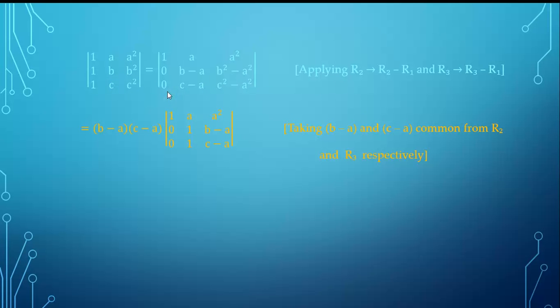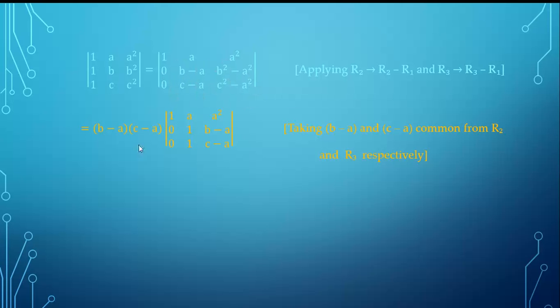After that, you see that here you have in R2 b minus a, and b square minus a square. What is the formula to expand b square minus a square? You know how to expand it. It becomes b minus a times b plus a, and c square minus a square we can write as c minus a times c plus a. So now we can take common b minus a from R2 and c minus a from R3.